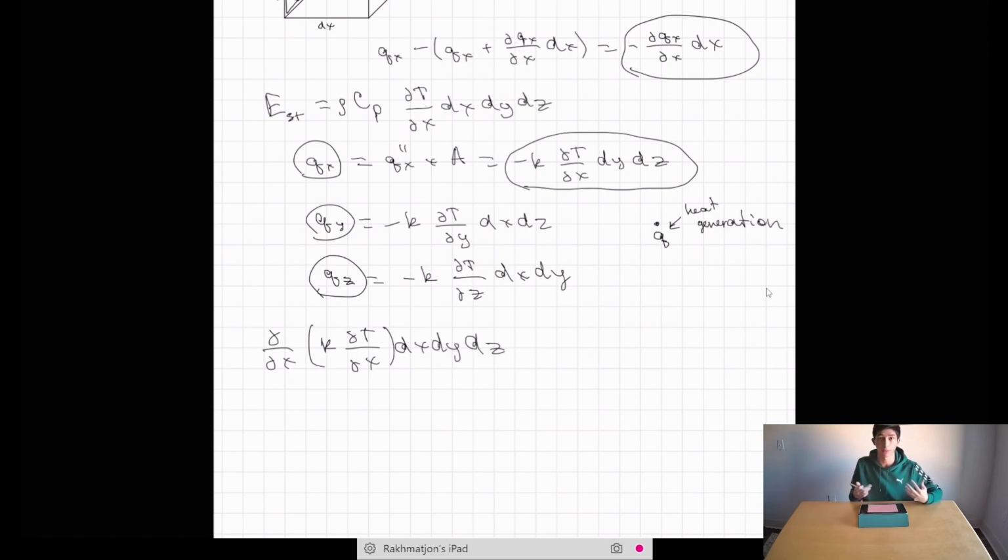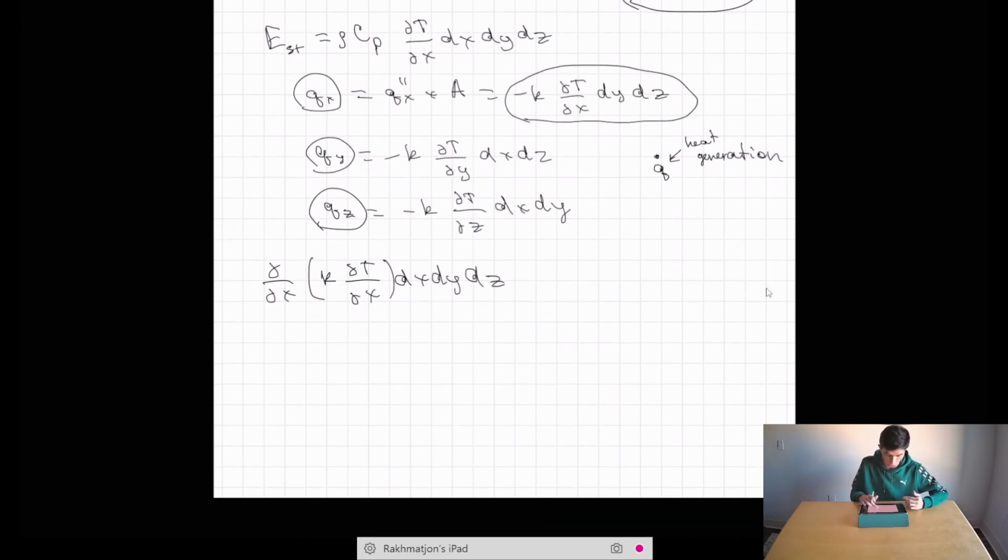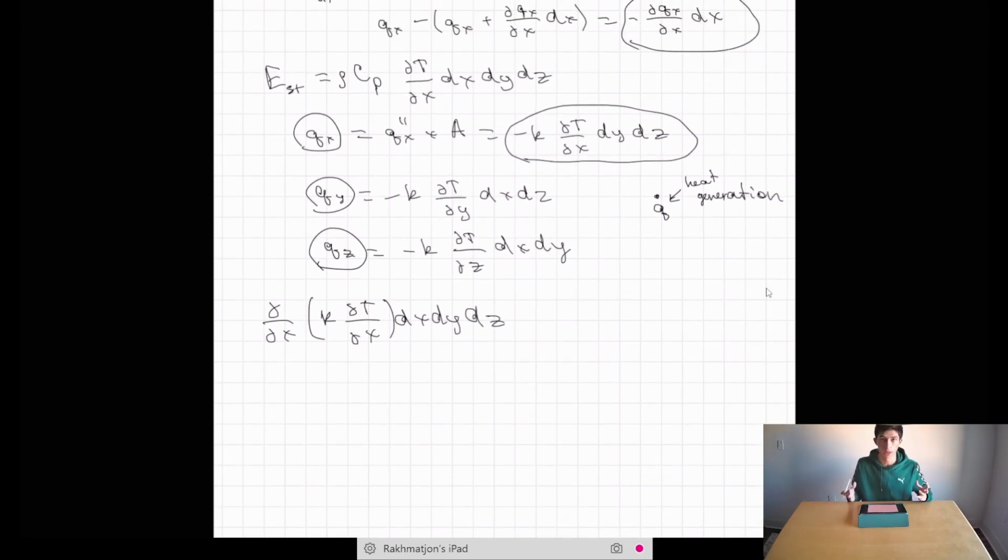So I can do the same thing for each of the directions, and the sum of all of them should be equal to the energy stored inside of the cube, which is this thing, right? So if you notice, each of the terms is going to have dx times dy and dz. So I can divide the whole equation by that so that our equation is simplified, right?